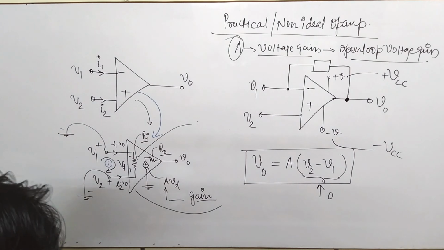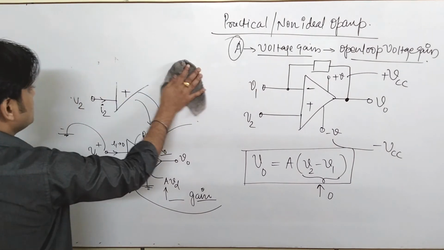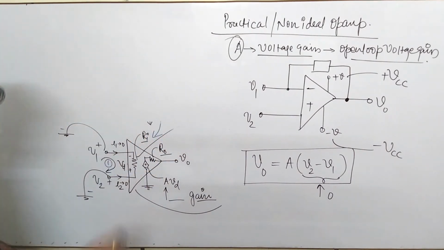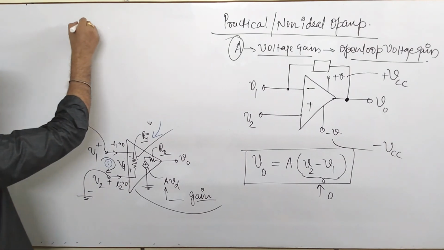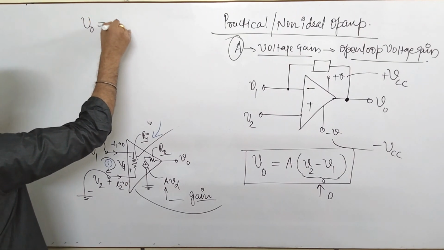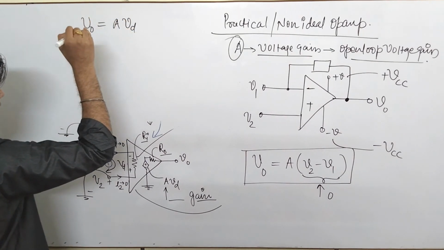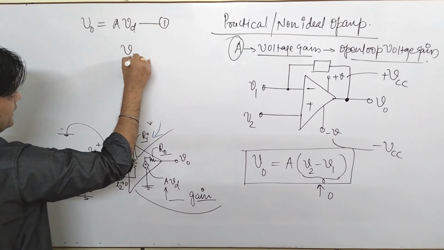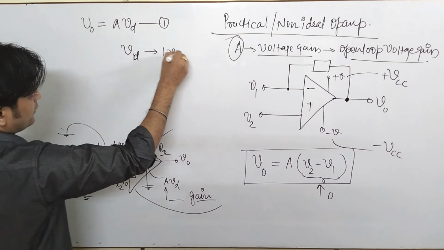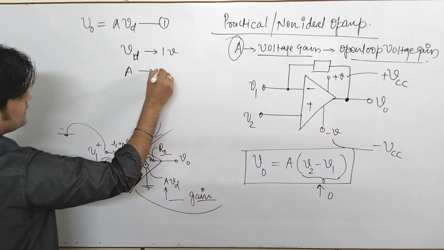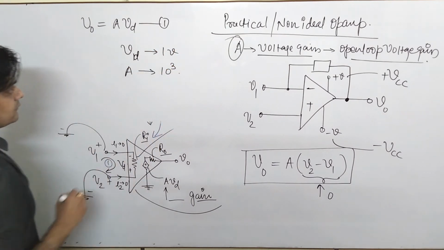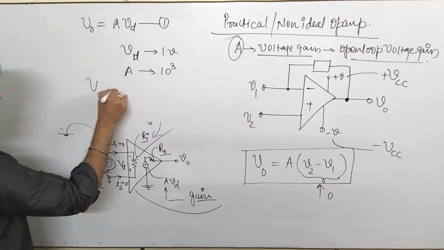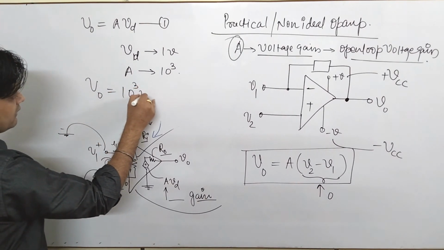Just try to understand this concept. If V0 is equal to A times Vd as per our first equation, say Vd is 1 volt and A is 10 to the power 3, so you will get V0 equal to 10 to the power 3 volt.